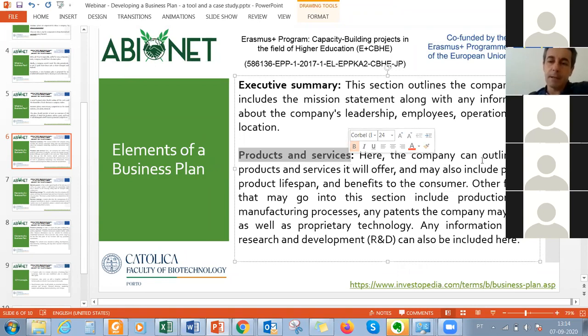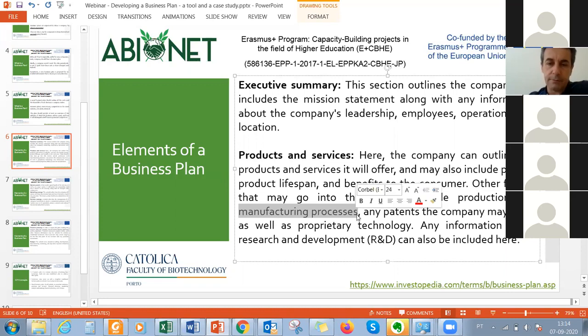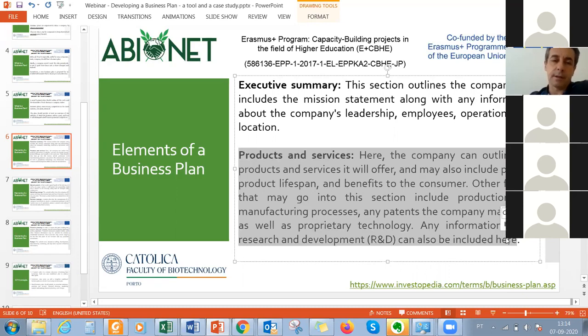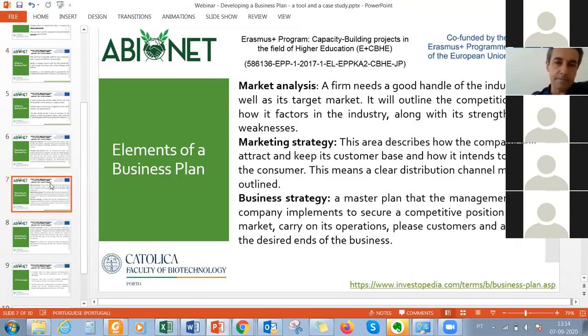So in that way, they have to understand how it is produced, or what some of the key manufacturing processes are, if there are patents associated, if it's proprietary technology, if there's some information that comes out of research and development that should be included. So there's some opportunity to describe what the product or the service is.